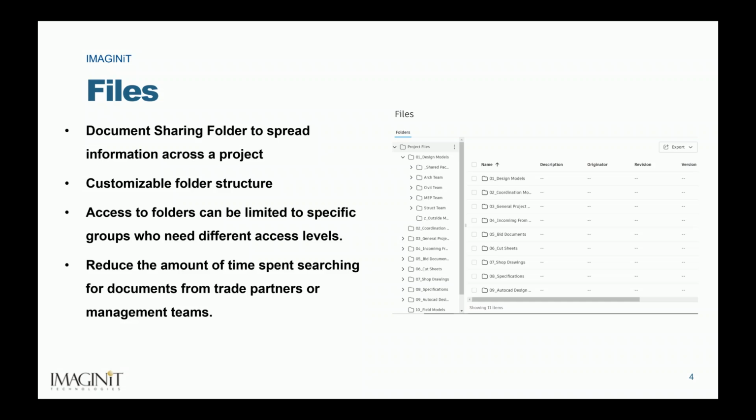Having everything in a centralized location allows us to reduce the amount of time that we sometimes spend searching for certain documents. And it is available to view not only in the office using the web browser, but also while walking in the field using a tablet. And two last things to note before passing it on to Shane is that Docs supports more than 60 2D and 3D file formats. So this allows us to view and navigate easily through 3D models or 2D drawings in the field or through the web.